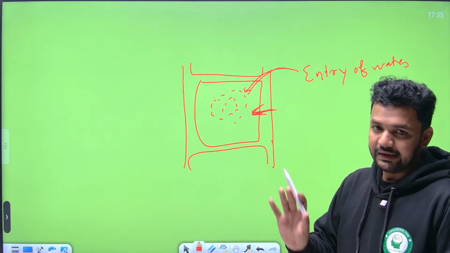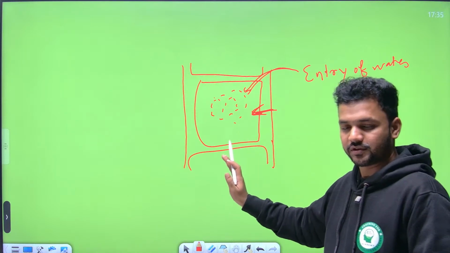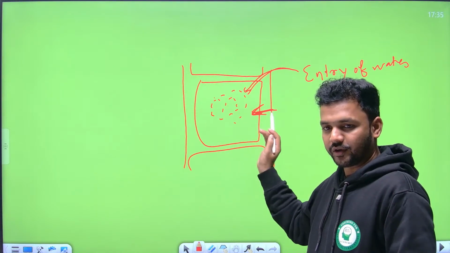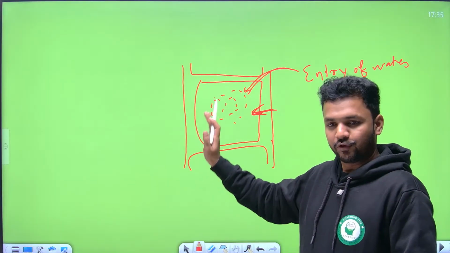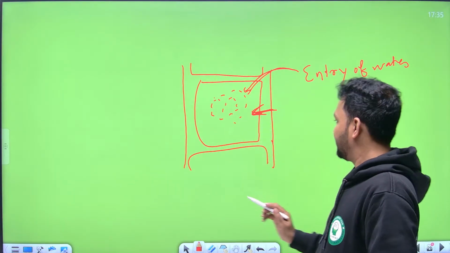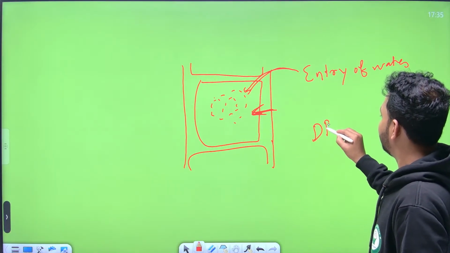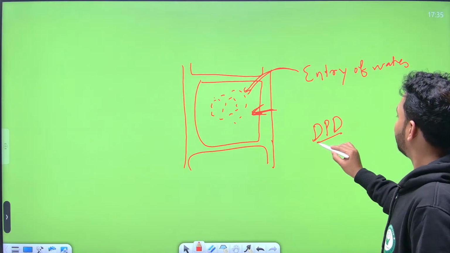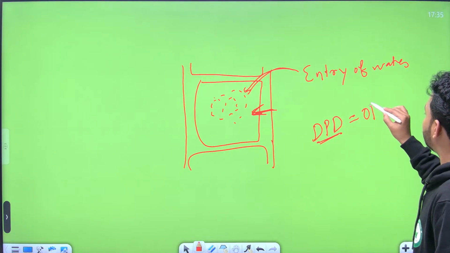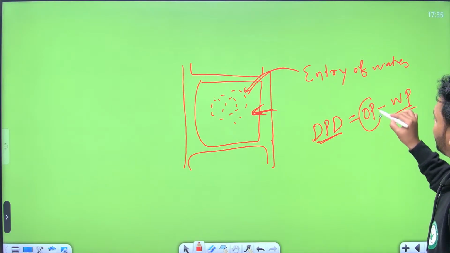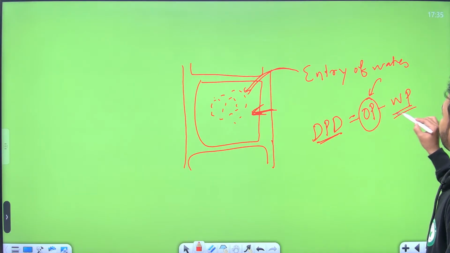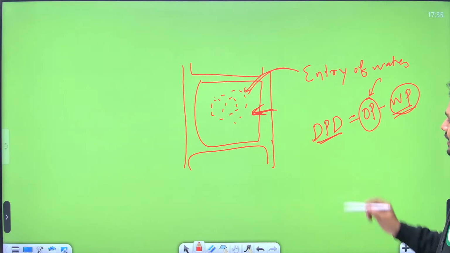So when DPD is more, meaning solute concentration is more, water will enter. So wall pressure also increases, but DPD will decrease. That's why DPD is equal to osmotic pressure minus wall pressure, because osmotic pressure increases the entry of water and wall pressure restricts it.